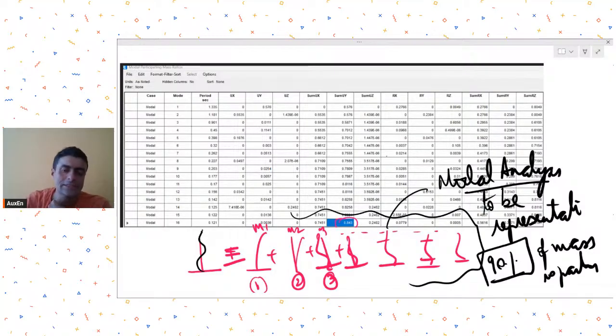Mass percentages lesser than 90% would mean that whatever equivalent or final response you are getting, it's not representing the appropriate or correct behavior of your structure, because you are missing out on some modes and you are missing out on some masses that will get excited in higher modes. So that's why this 90% criteria has been provided by the code. Okay.